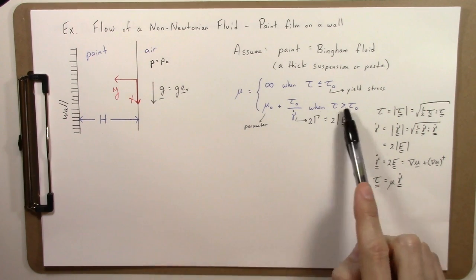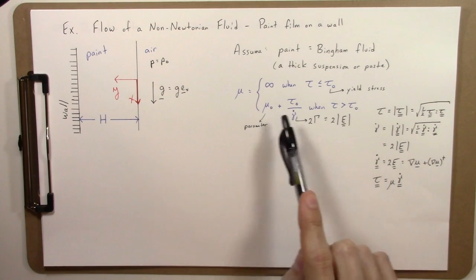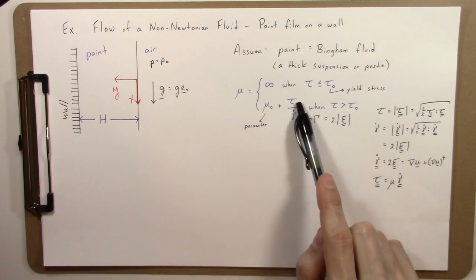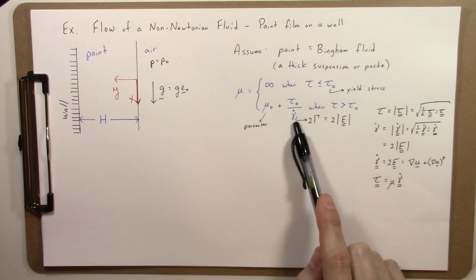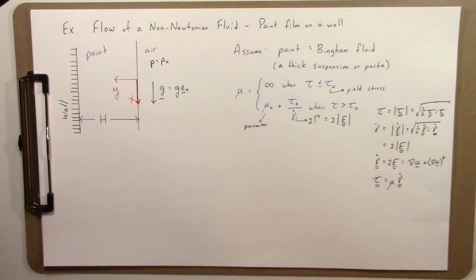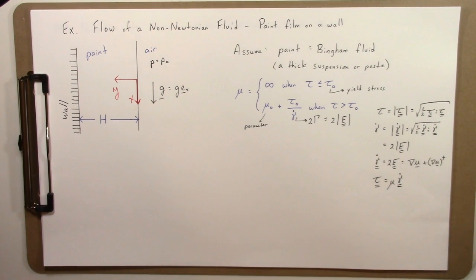And we model that once the stress tau is greater than the yield stress, viscosity is mu naught, which is a constant, plus this yield stress divided by the magnitude of the rate of deformation tensor, gamma dot. These things are shown here again, reproduced on the previous page for your reference.